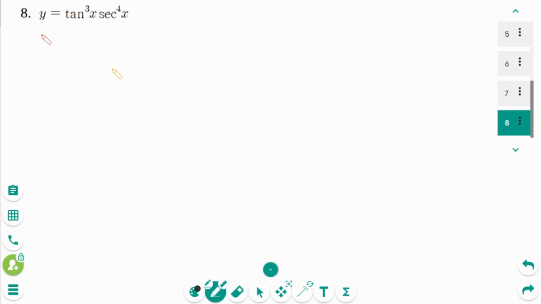Number 8, we can rewrite as tangent x to the power of 3 times secant x to the power of 4. Then use the product rule. f g prime equals f prime g plus f g prime.